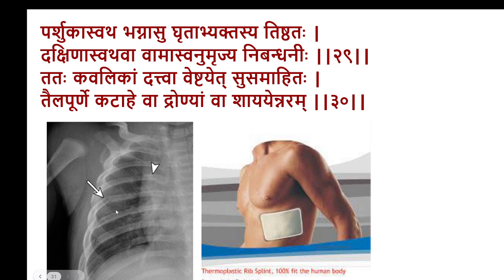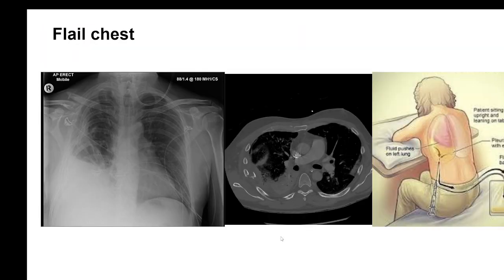The patient is able to breathe in and breathe out. In such conditions, the treatment is usually simple: you put an adhesive plaster, leukoplast, across the area of the injury, and that gives a partial immobilization, which is enough to keep the bone together and the patient would be fit.